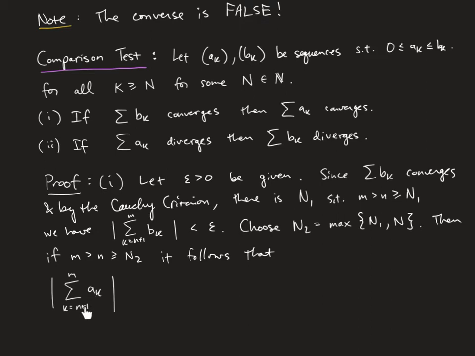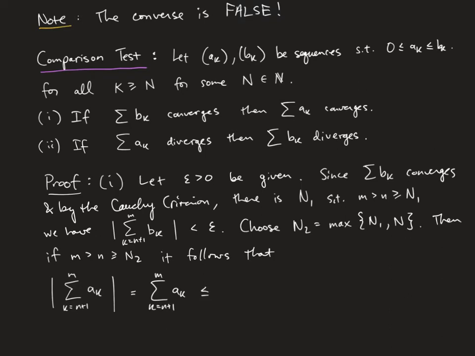Because k is between n plus 1 and m, that's bigger than or equal to this n2, which is bigger than or equal to N. Right, so we can apply positivity of the terms to get rid of that absolute value. So that's k equals n plus 1 to m.